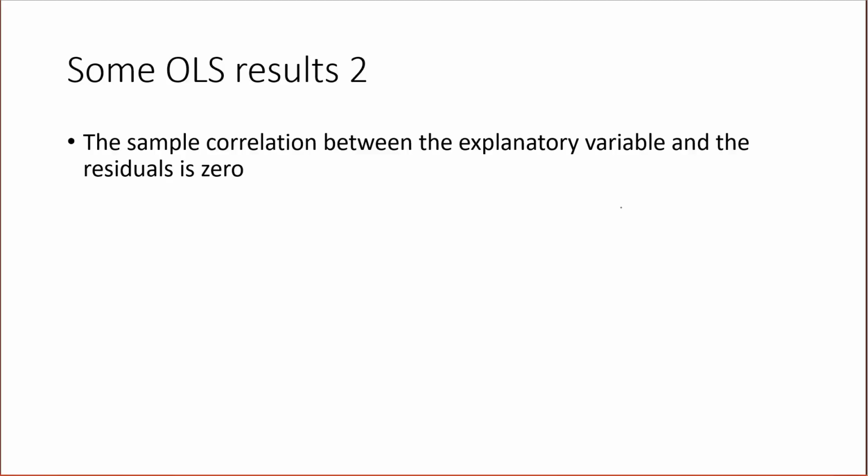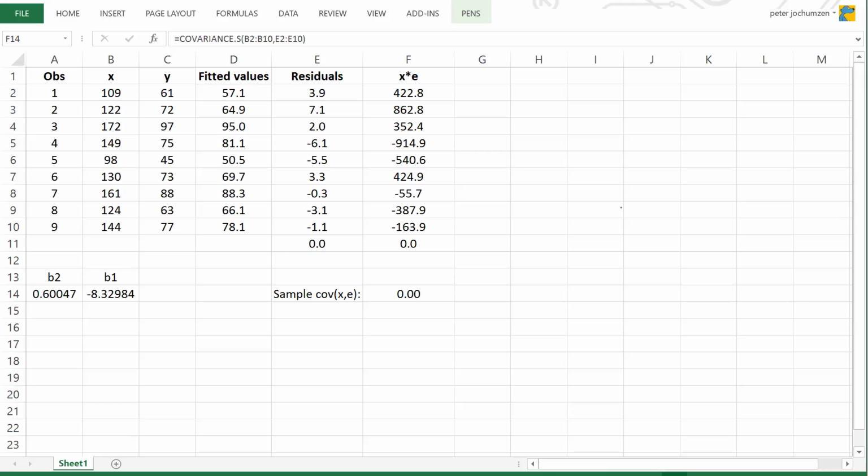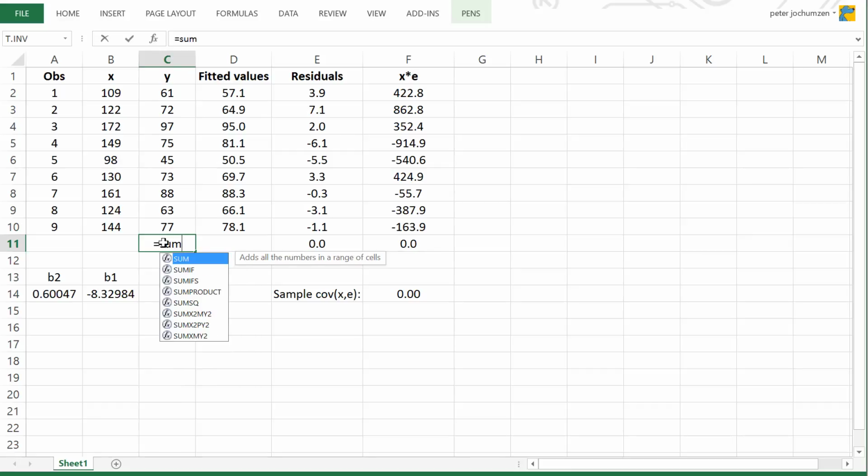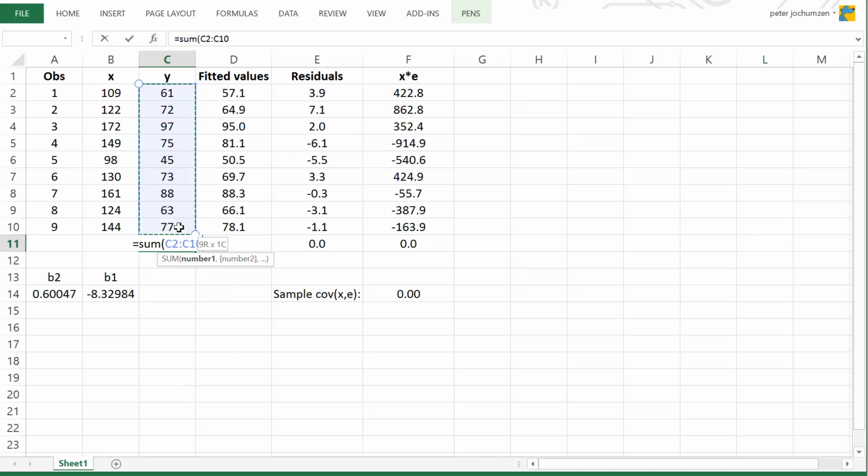Moving on, we actually have more results. The next one is the following. If you sum all the fitted values and you sum all the y values, you will get the same result. So let's go ahead and check that. If I sum all the y values, I get 651.